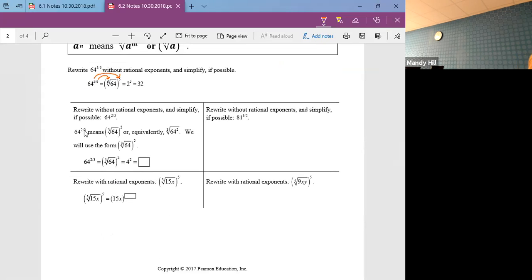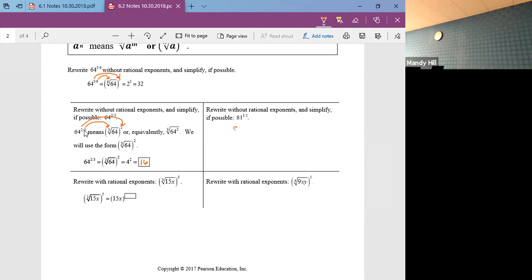Okay, so 64 to the 2/3. Remember that the denominator part goes in the front, the numerator part goes in the back. So that means the cube root of 64 squared. So we'll use the form the cube root of 64 squared. And the answer is 4 squared, which is 16.